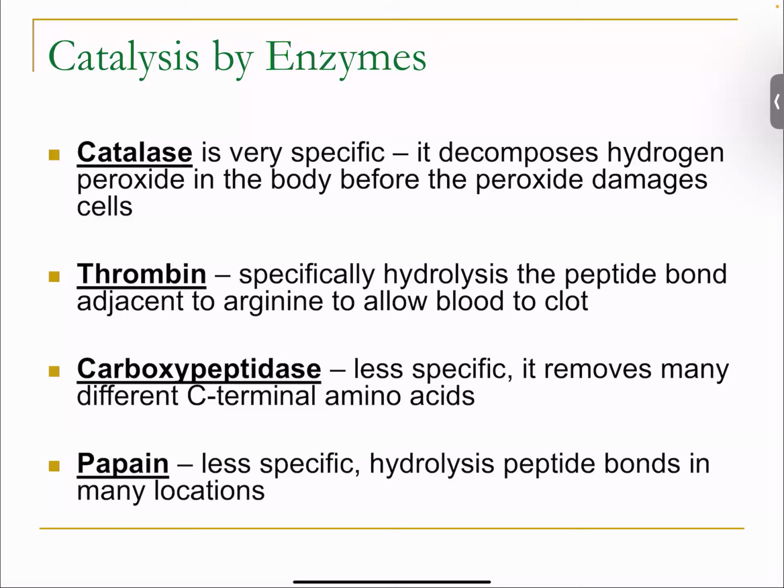And papain, again, less specific, because it'll hydrolyze peptide bonds in many locations. Trypsin, which we looked at, focused on two. So these enzymes are built for specific things, and sometimes they have a specificity associated with them.